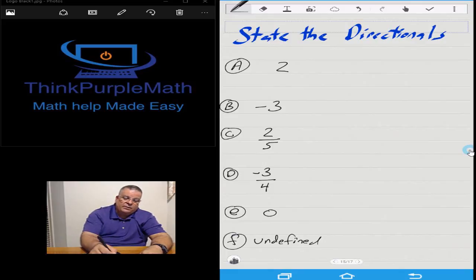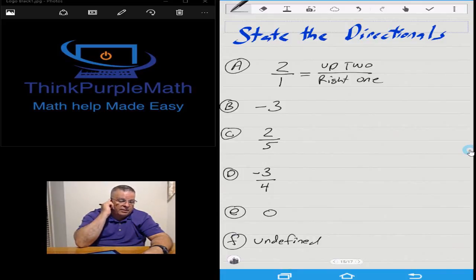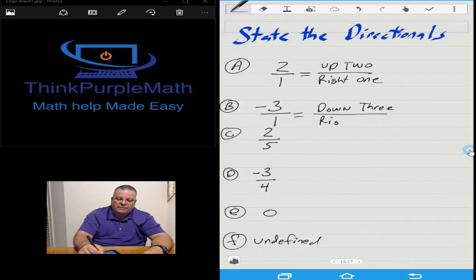In this case, this is actually 2 over 1. Since it's positive 2, you're going to go up 2, and you're going to go to the right 1 unit. Negative 3, now example B, is negative 3 over 1. So that would be the same as down 3 and right 1.